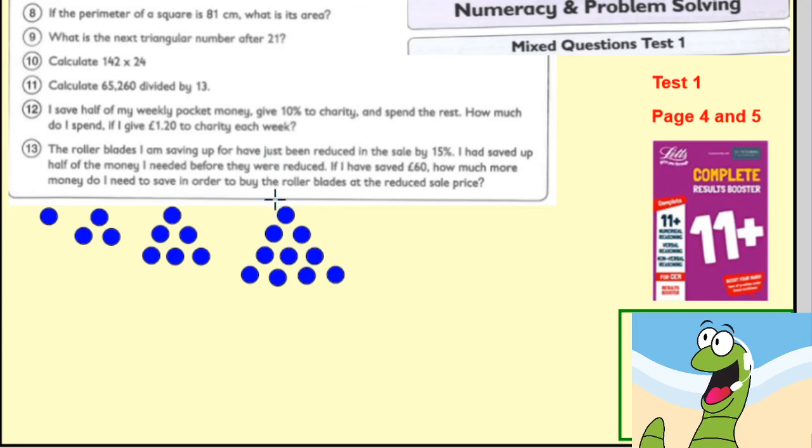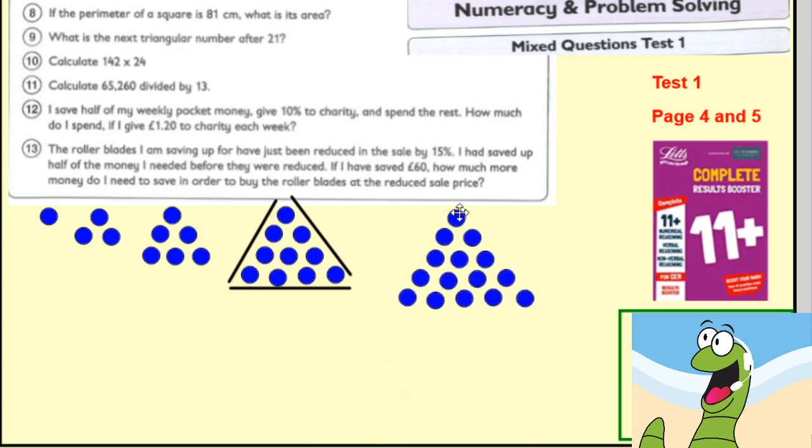Notice what's happening is I've got one triangle here. I'll draw that across, and another triangular number. So I got 1, 2, 3, 4, and 5, 6, 7, 8, 9, 10. So I got 1, 3, 6, 10. So I'm going to add another row to make up another triangle.